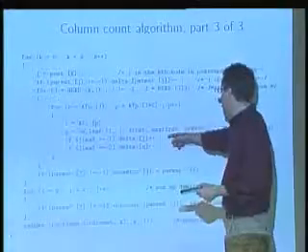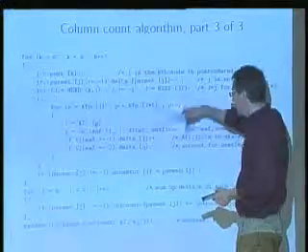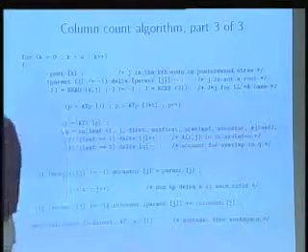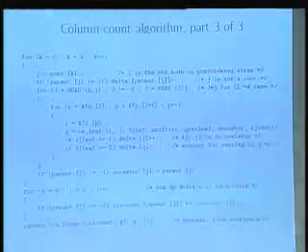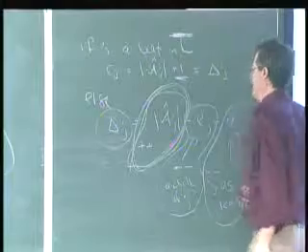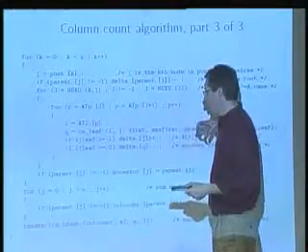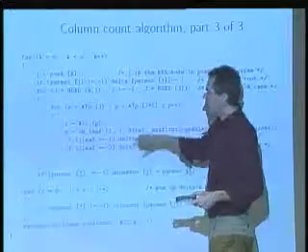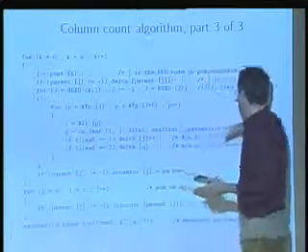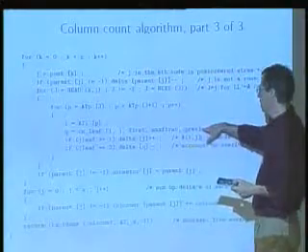So if J is any leaf at all, then I have to increment delta. So that's what's happening here. If J is any leaf at all, then I have to say, hey, you're in the skeleton matrix. And if J is a subsequent leaf of a pair of leaves, J and some prior leaf, which is hidden inside this function, I don't know which. I don't at this point know who it is.